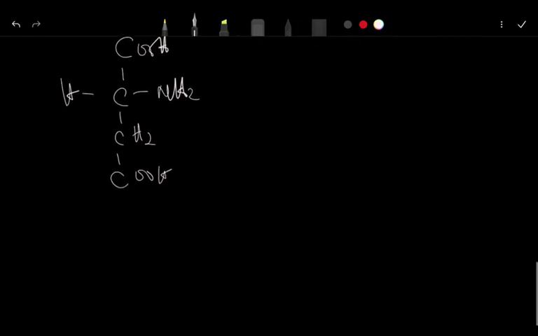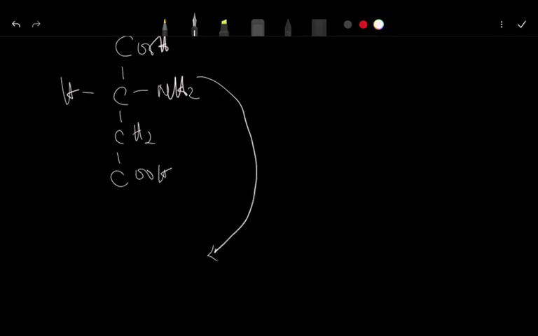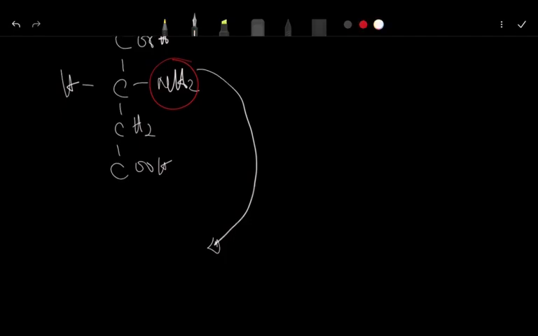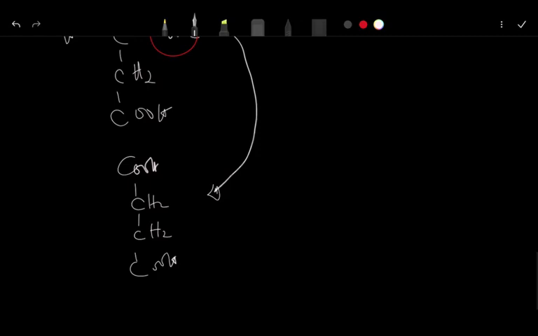If aspartate wants to undergo transamination, once we remove the amine group, what is left is just the carbon skeleton. So we have COOH, we have C, we have C, and we have another COOH. Here is H2, and here now will also be H2. This structure I just drew now is what we call oxaloacetate.